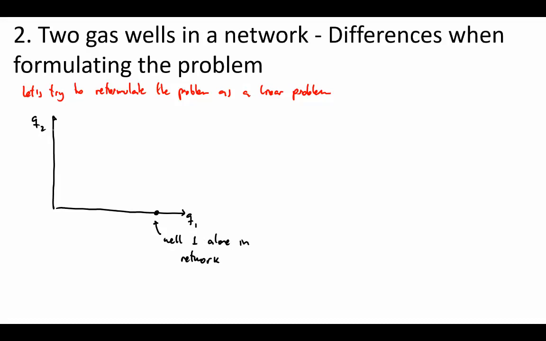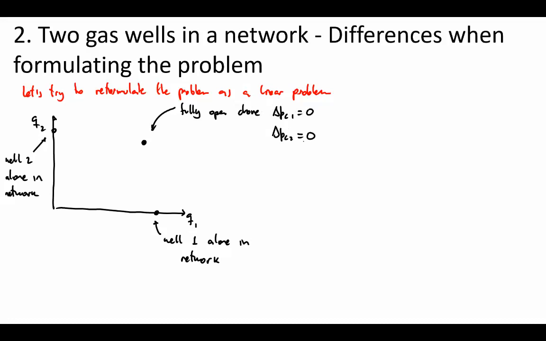At this location we have the same thing: this is well 2 alone in the network. And if we run a fully open choke for both in simulation, we're going to get a point someplace here. This is fully open choke, delta PC1 will be 0 and delta PC2 will be 0.